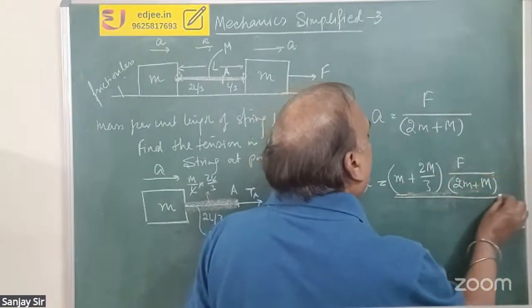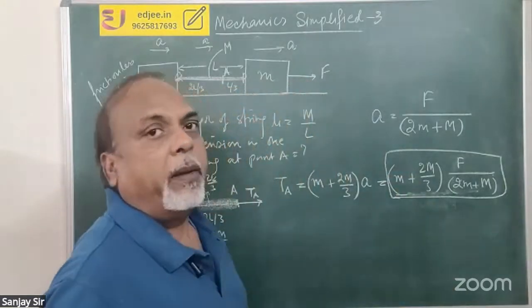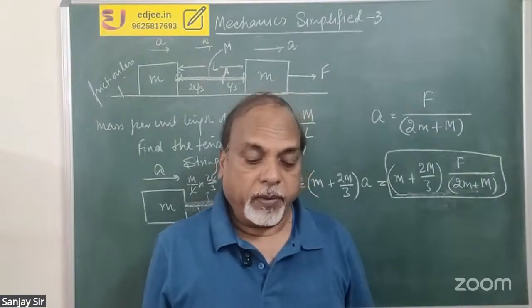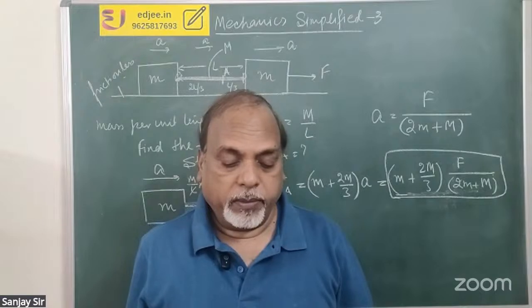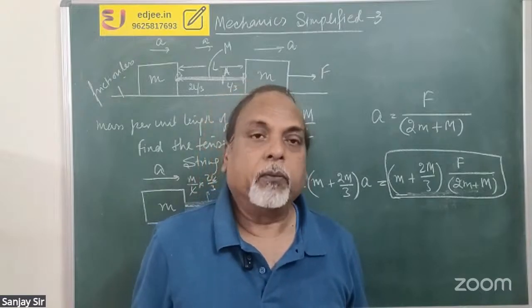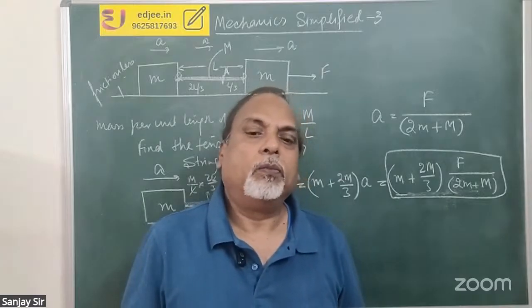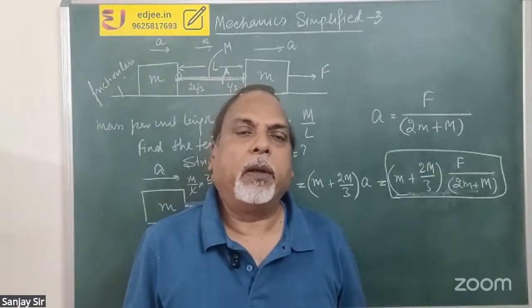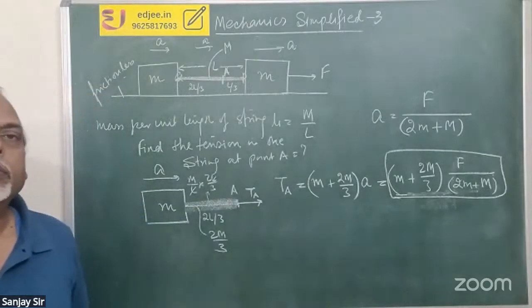So this is the value of TA. Correct? You got my point? I hope this is clear. You can see this.